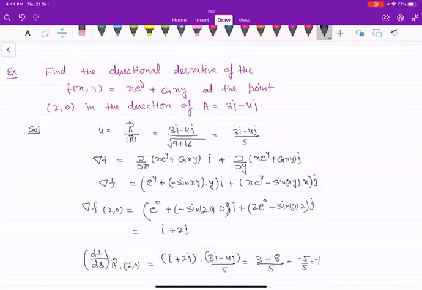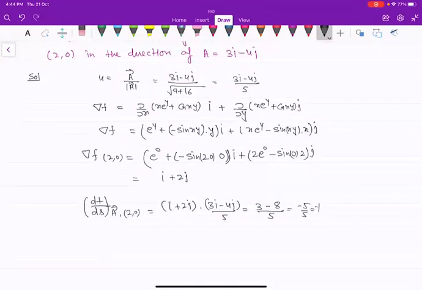One more question is given in the notes, you can try it by yourself later on. One more thing, let us discuss the properties of the directional derivative.